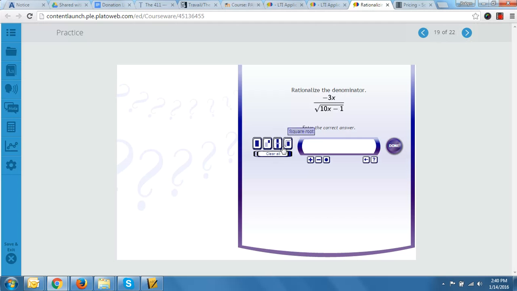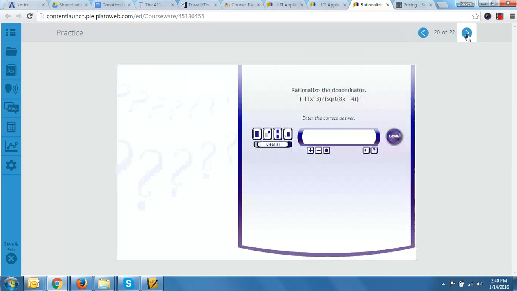So that should look like negative 3x, radical sign, 10x minus 1, and that's going to be over 10x minus 1. I'm just multiplying the top and the bottom by the square root of 10x minus 1.